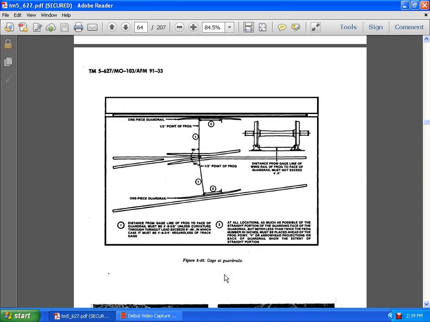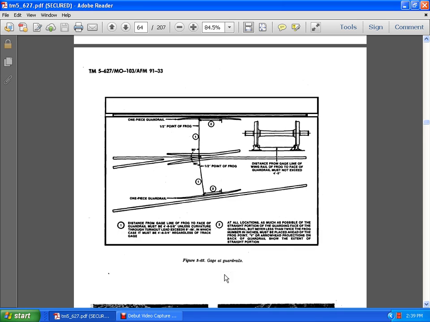Gauge of guardrails. 1. The distance from the gauge line of the frog to the face of the guardrail is 4 feet 6 5/16 inches, unless the curvature through the turnout exceeds 8 degrees, in which case it is 4 feet 6 3/4 inches, regardless of the gauge.